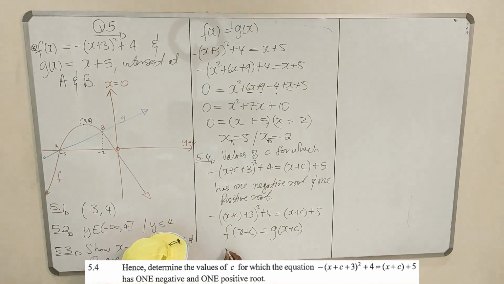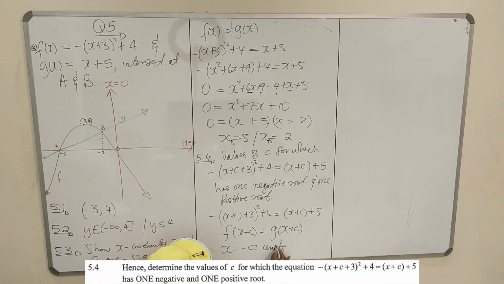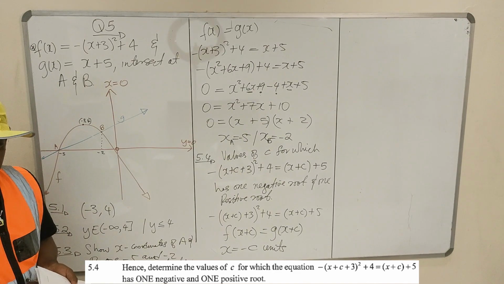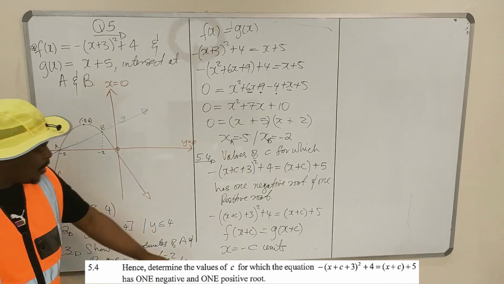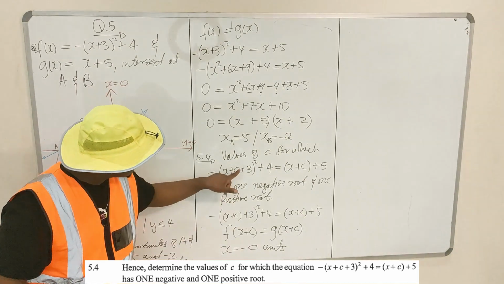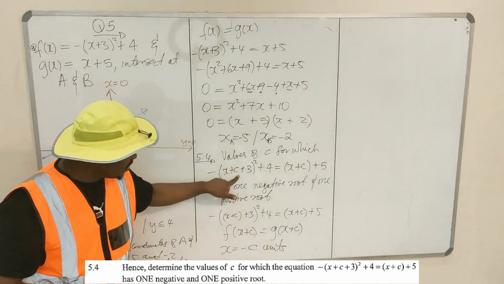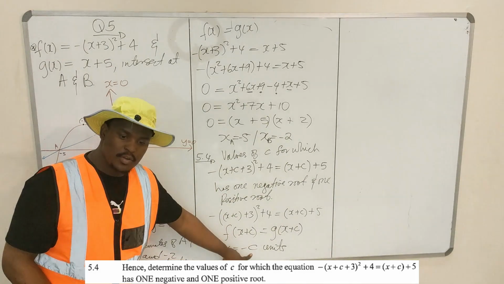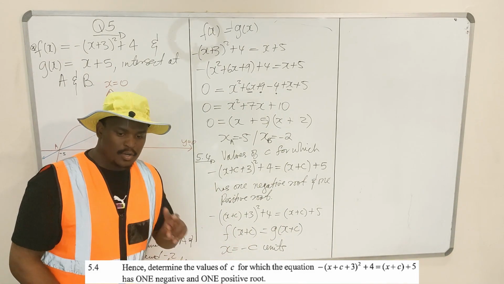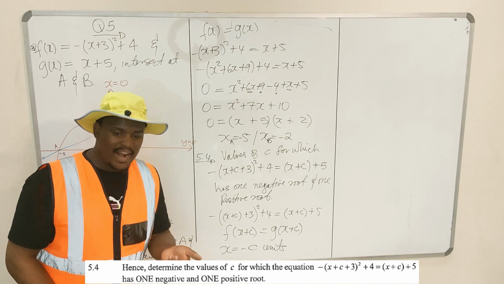So your graph has been shifted minus c units. Do you understand? Yes. Okay. So this means we are asking how many minus c units your function must be shifted, such that it has one positive root and one negative root.